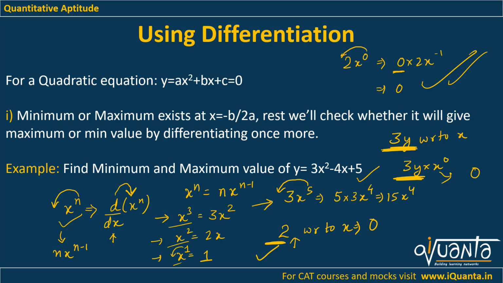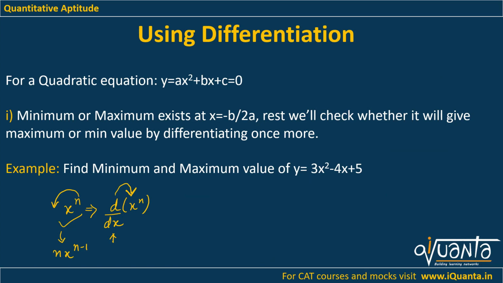Let's try to understand it better. For example, if you have 3a, I ask you to differentiate it with respect to x, then what will be your answer? You will directly say 0, right? If I ask you to differentiate this 3a with respect to a now, we'll check if in this expression, that means 3a, we have anything which is in terms of a. Yes, we have this a.